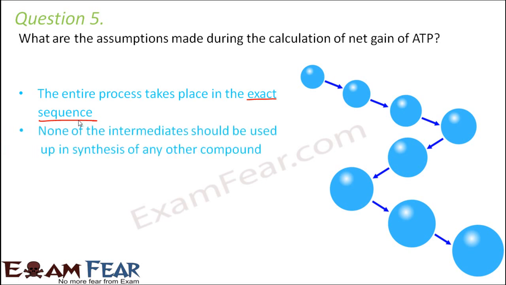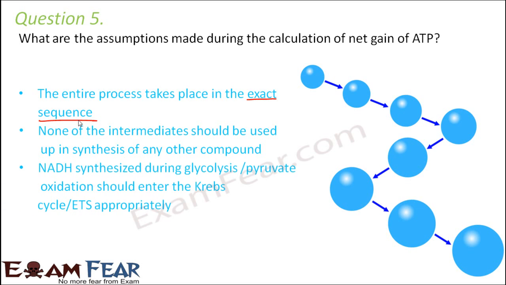None of the intermediates should be used up in synthesis of any other compound, which is so unrealistic because there are so many processes taking place inside our body. We might not know, sometimes some of the intermediates may be used up for something else, but we have to assume that none of them are getting used up. NADH synthesized during glycolysis or pyruvate oxidation should enter the Krebs cycle or the electron transport system appropriately.